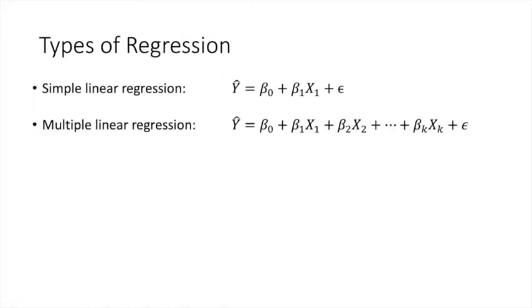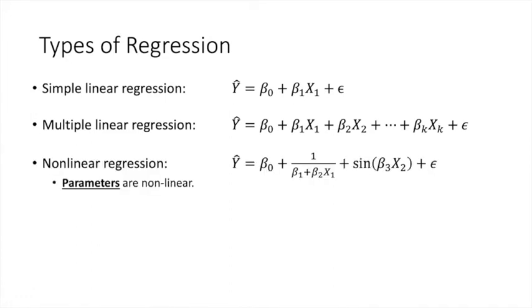If instead we use multiple independent variables, then we need many more parameters, one associated with each extra variable. But the exponent of each parameter is still 1, so it is multiple linear regression. In nonlinear regression, the exponents of at least some parameters can be other than 1.